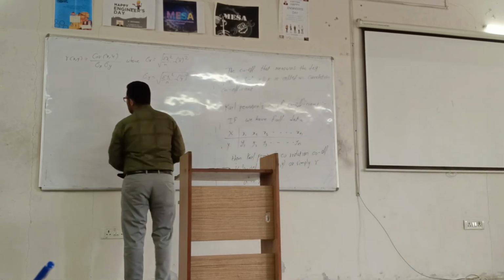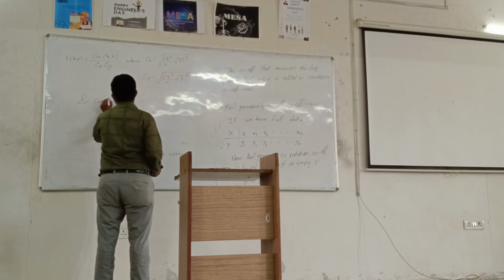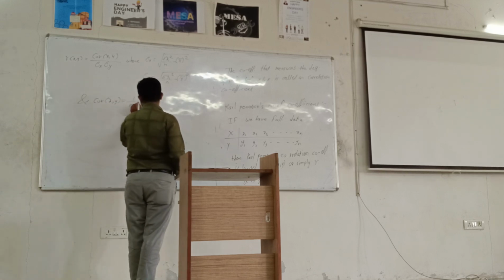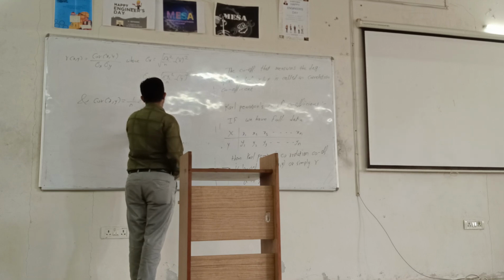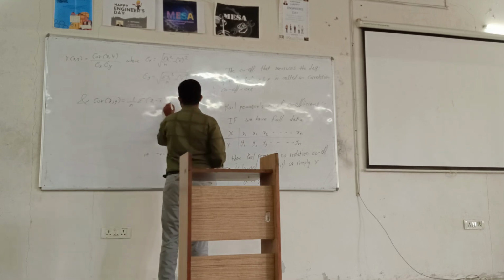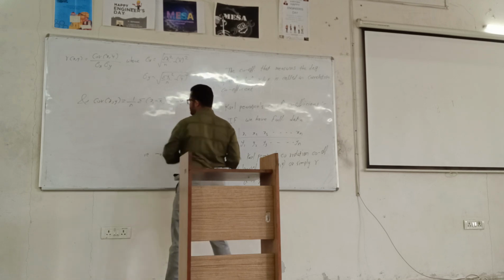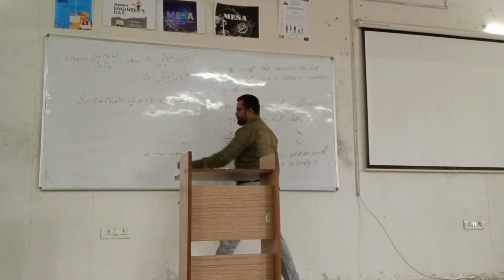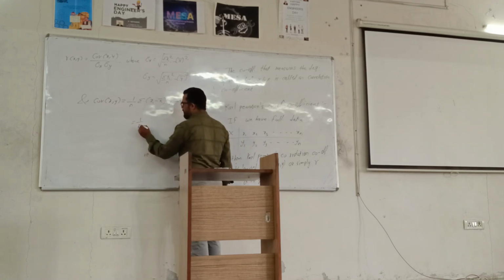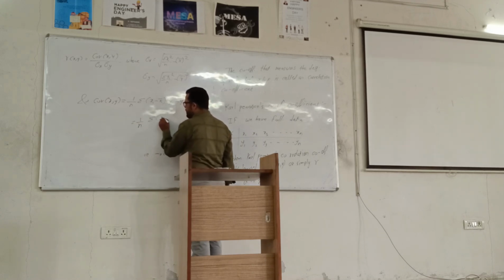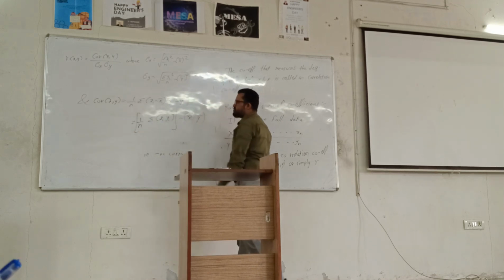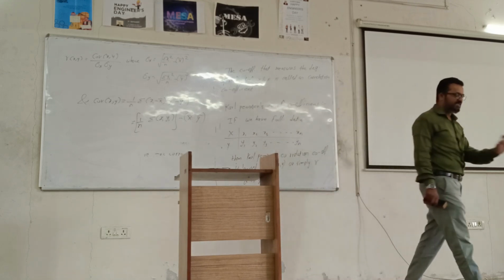And covariance of x comma y, its formula is 1 by n summation of xi minus x bar into yi minus y bar, or the simplest formula, 1 by n summation xi yi minus x bar into y bar.